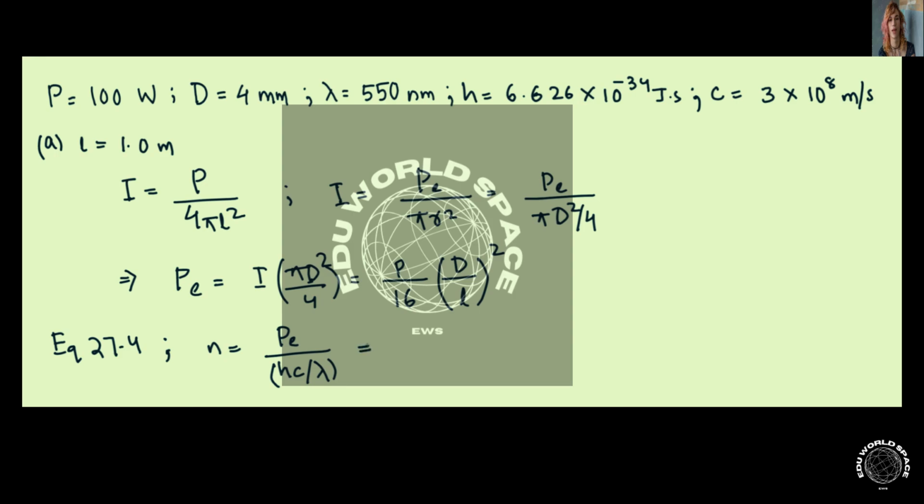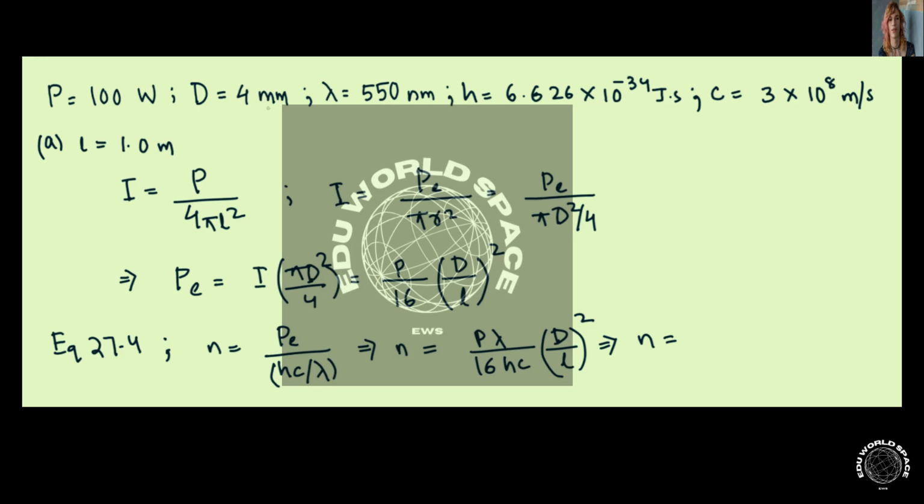So n, which is the number of photons per second, will be equal to P lambda over 16 hc, d over L square.